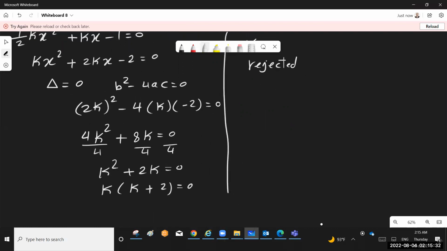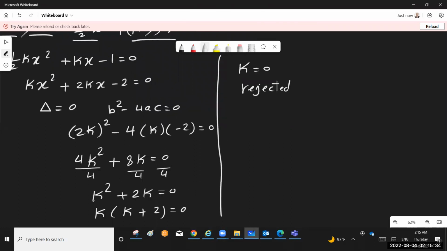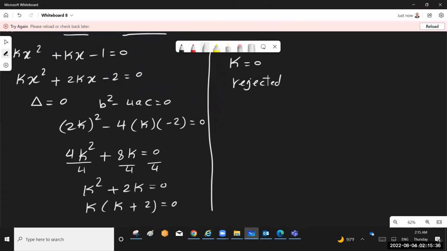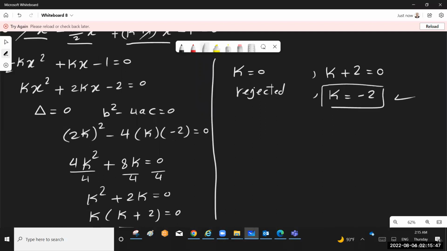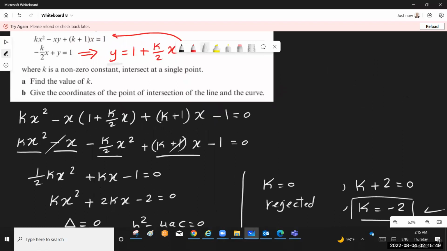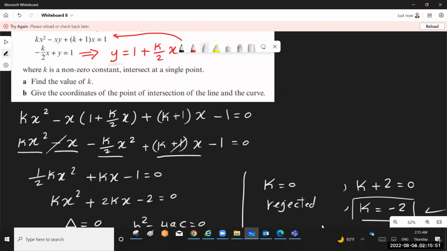And maybe the other factor, k plus 2 is equal to 0. Consequently, k is negative 2. So k is negative 2. Now I know the value of k. This is the first part of the question.